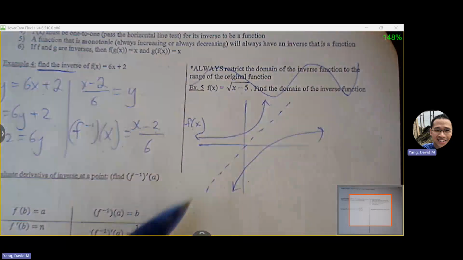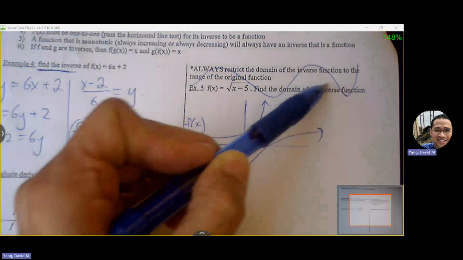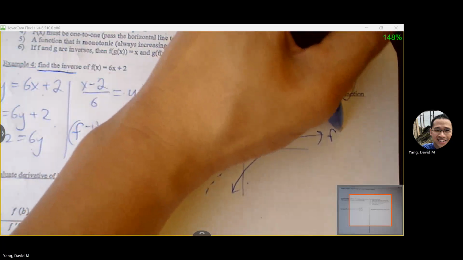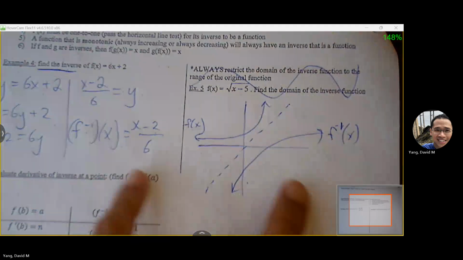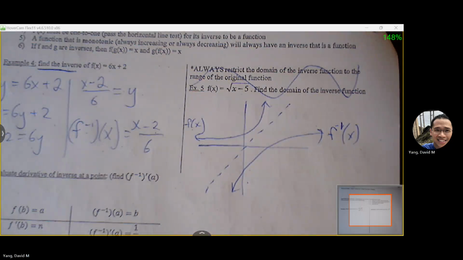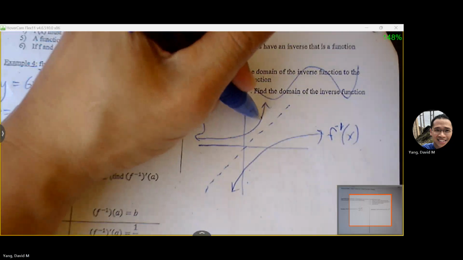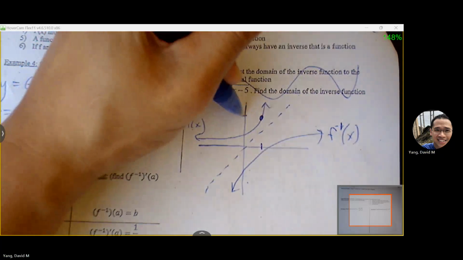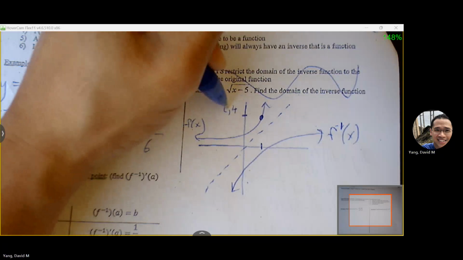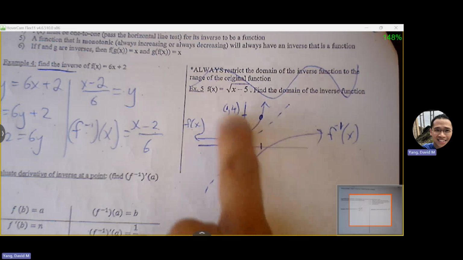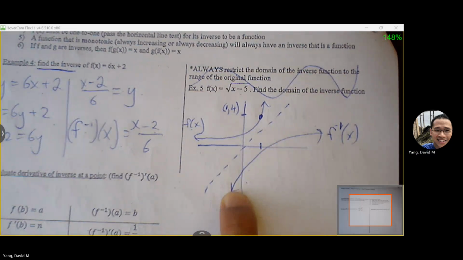I meant to draw it in a way where the two graphs can be overlapped if we were to fold along the line y equals x. And this I can call f inverse of x. So these are inverses of each other. So if there's an ordered pair on one that is 1, 4, what ordered pair has to live on this inverse function? 4, 1.